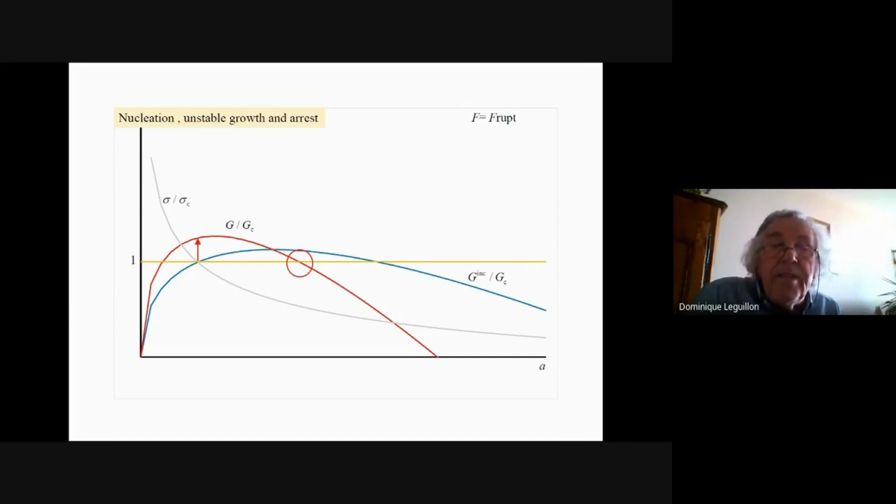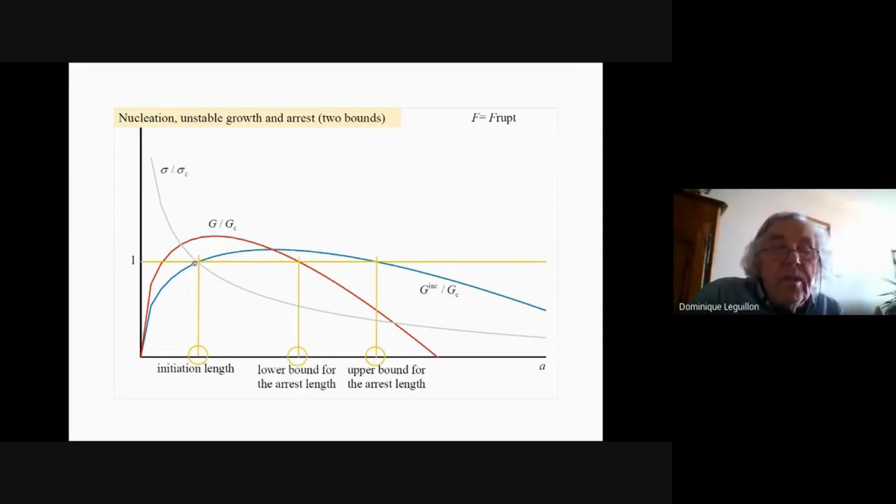And in that case, what we observe is that the crack jumps, the lower bound where the crack cannot stop before that point because of G. And then now, if we consider the extra energy that is here, finally, this surface is equal to that one. The maximum length the crack can reach is defined by G incremental equal to GC, which is also a decreasing function here. So the crack stops between these two bounds.